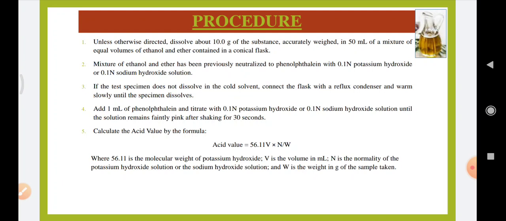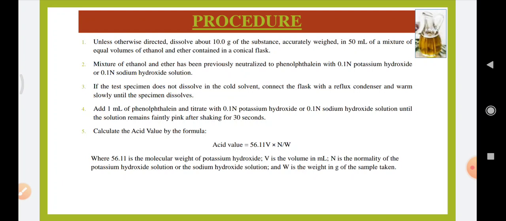Now coming to the procedure. Step number 1. First, you have to measure 10 gram of the fat and oil. Accurately weigh the sample with your weighing balance and then dissolve this sample in 50 ml of a mixture of equal volumes of ethanol and ether contained in a conical flask.